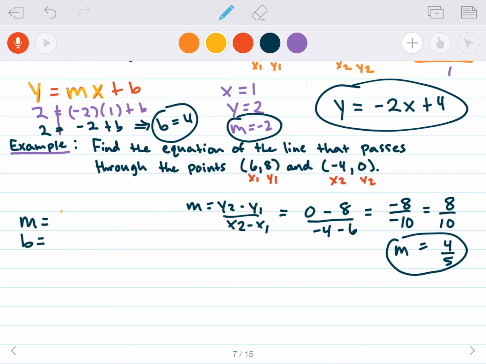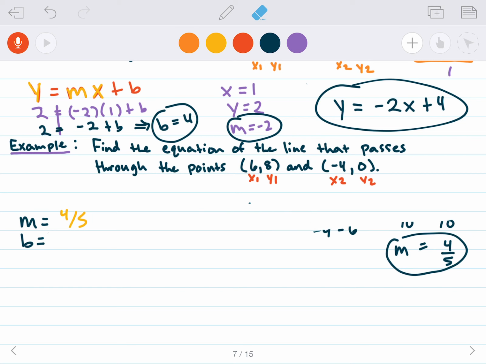And now we just need to figure out what b is, the y-intercept. And as I said, in order to figure this out, we need an x and a corresponding y. Let's be careful with that. And we can pick either this as our x comma y, or we can pick this as our x comma y. Doesn't matter.